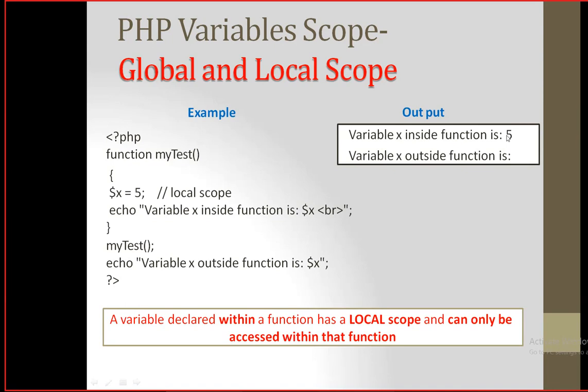So it got printed for the first time, but not for the second time. Okay, pretty simple. So when a variable is declared inside the function, it has a local scope and we cannot access that variable outside the function. Okay.